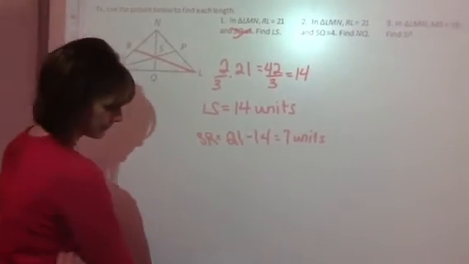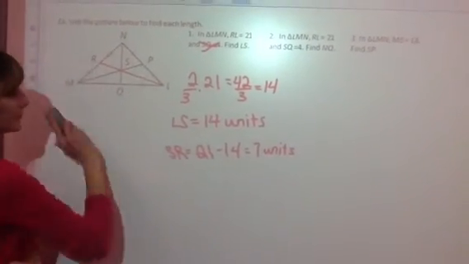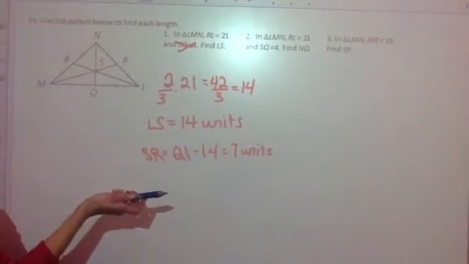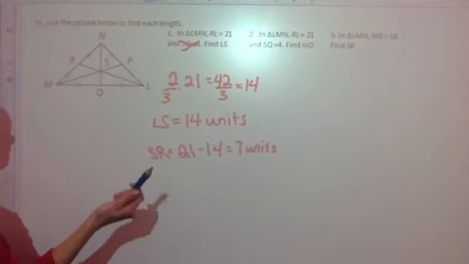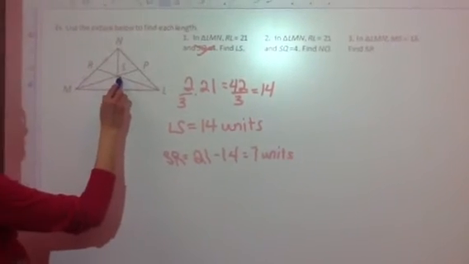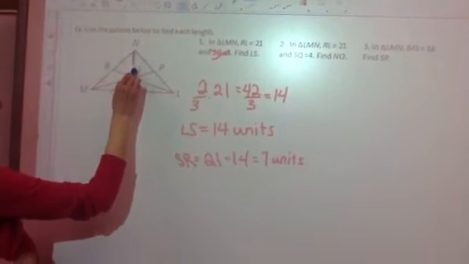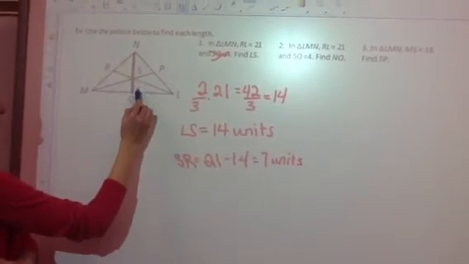Number 2. It tells me RL is 21 units again, and that S to Q is 4 units. I want to find the entire length of the median. Well, S to Q is 4.